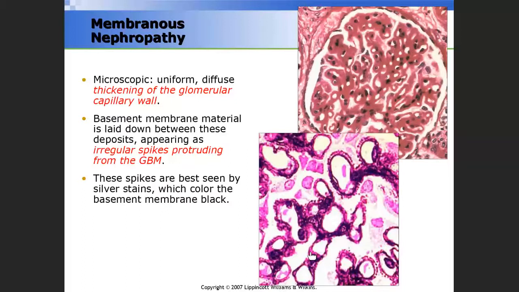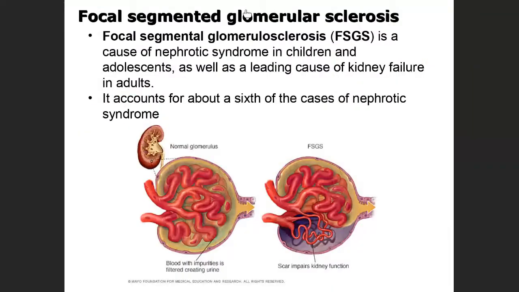That special staining helps to distinguish whether this is membranous nephropathy or minimal change. Well, with minimal change you won't see anything. All right, now focal segmental glomerular sclerosis, meaning that focal means local, not everywhere, but in some places.